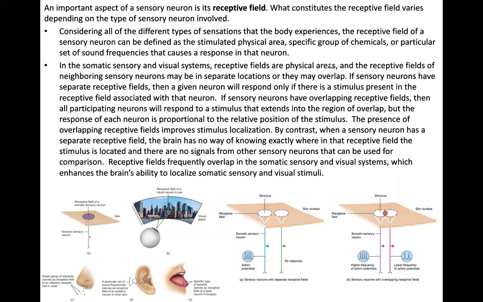Okay. Well, what constitutes a receptive field varies depending on the type of the sensory neuron involved. It could be as simple as, to stimulate a neuron, you have to stimulate it within the places where its dendrites are. Okay, and that's what we show here as shaded, because the dendrites of this neuron span out in this purple shaded area.